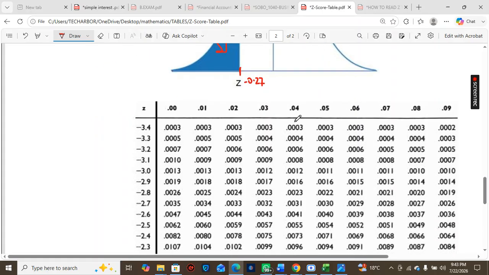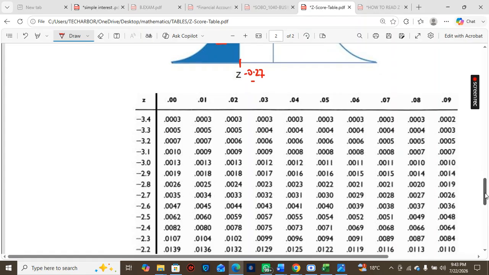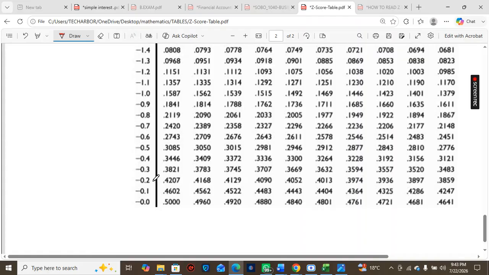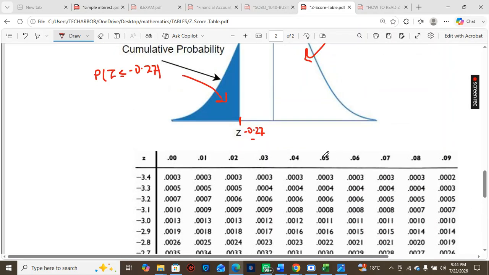So remember, colleagues, the first two numbers, you get them in the column: negative 0.2. Then the last number, this 7, is going to be here, 0.07. The first two numbers you get in the column, then the last number again in the top row.